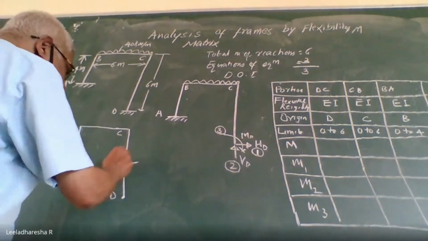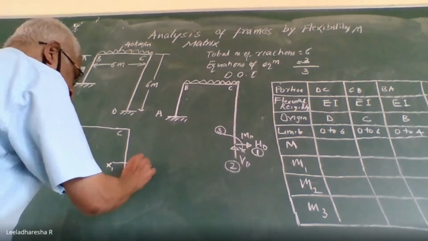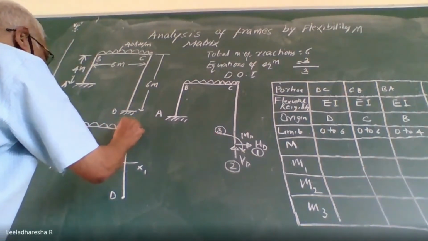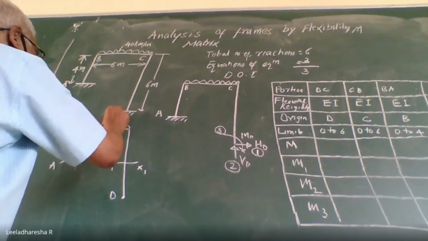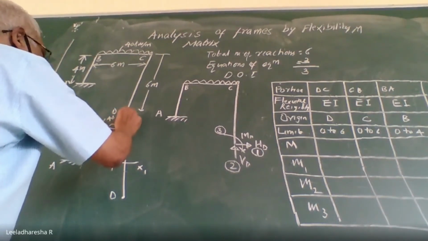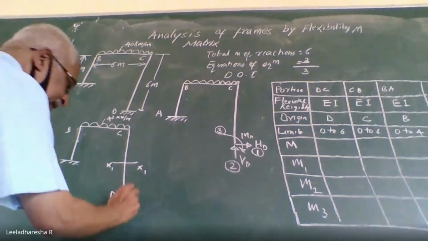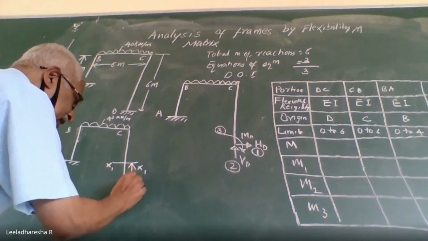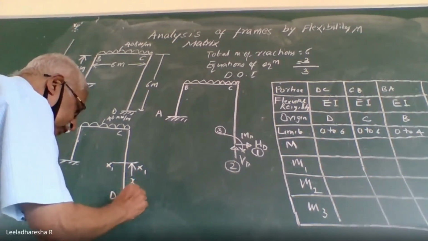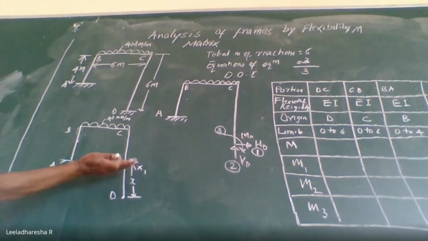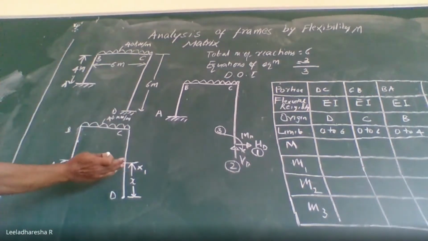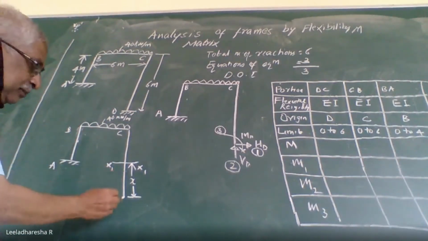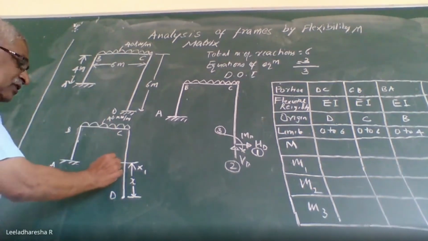Now, consider a section, say X1, X1. You can show the UDL also, 40 kilonewton per meter. Now I am taking a section X1, X1 from the origin D at a distance, say X, from end D. So this particular bending moment equation holds good till this point, that is C. Will there be any bending moment due to external load when I take the section here?